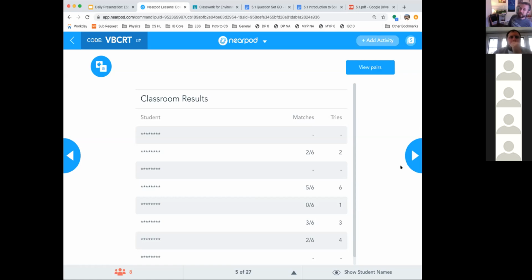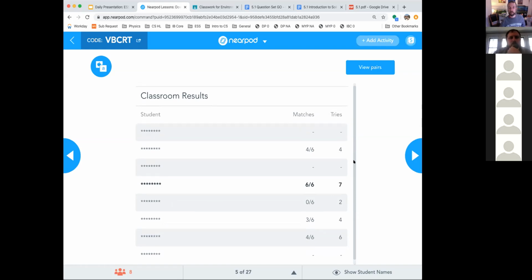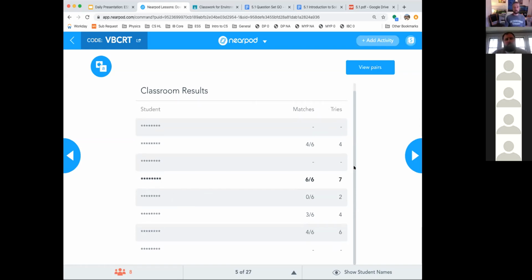Some of these definitions have some overlap, so it can be a little tricky. Well, this is very tricky, I think. Very nuanced. Yes.